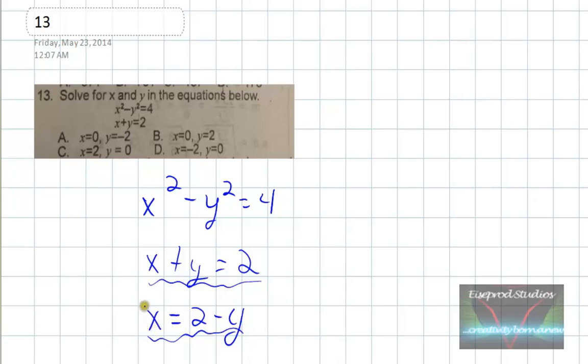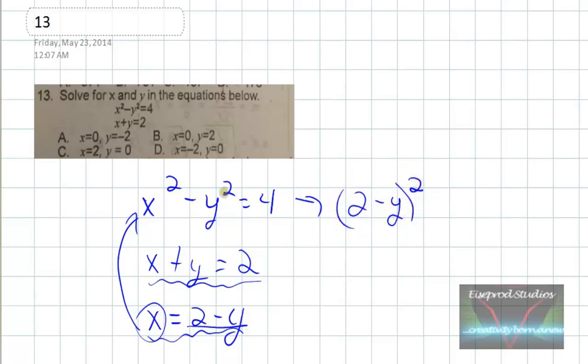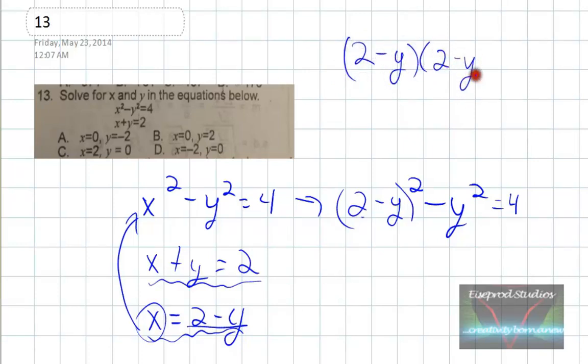Now I can substitute x with 2 minus y. So going over here on the side, what I'm going to do is I'm going to say (2 minus y) squared, and that will stand in for my x, minus y squared is equal to 4. And so now we'd have to multiply out this over here. So I'm going to rewrite this just so you can see the work process.